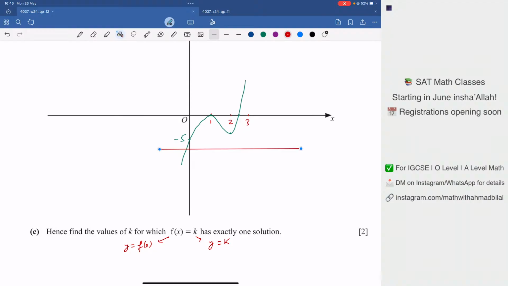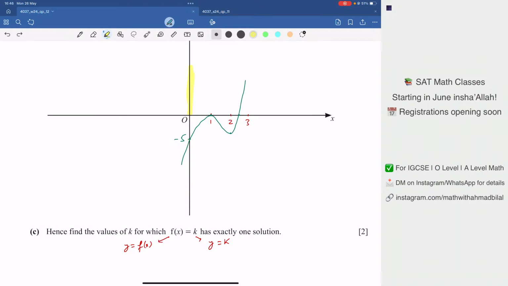Okay, what else? Another possibility is that you're on top there, above the x-axis. In this region as well, you have only one point of intersection with the curve. So there are two possible cases that we have here. One is that that horizontal line could be in this region above the x-axis, or it could be below that turning point.